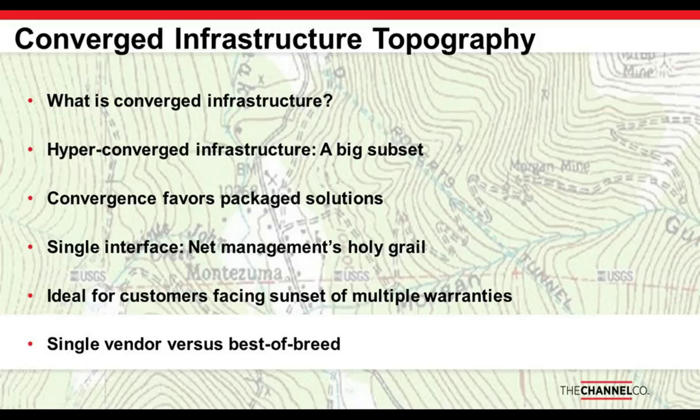Converged infrastructure also has great potential for when customer warranties are expiring or gear has reached the end of its natural life cycle. Not every customer likes the idea of replacing all these systems at once, and many just don't have the budget for it. But with planning and a properly executed selling strategy, converged infrastructure is a great way to go for many customers.